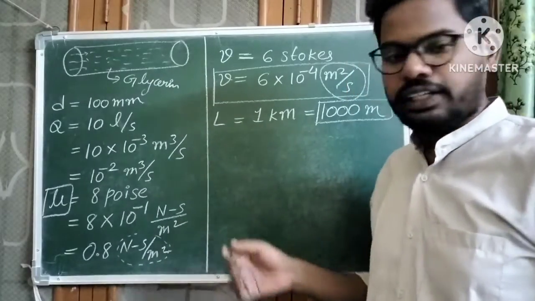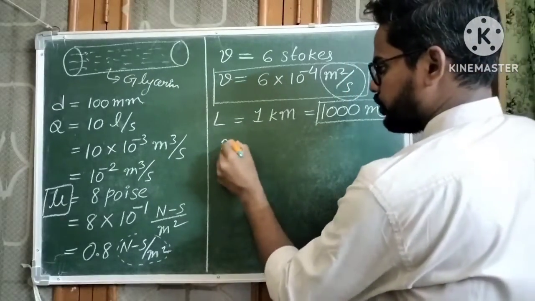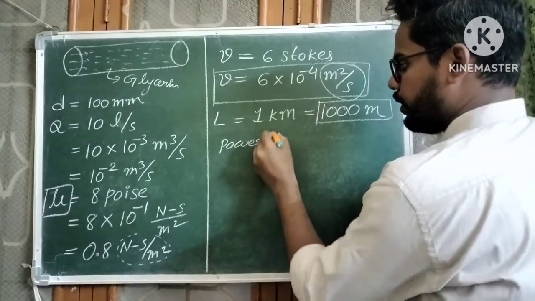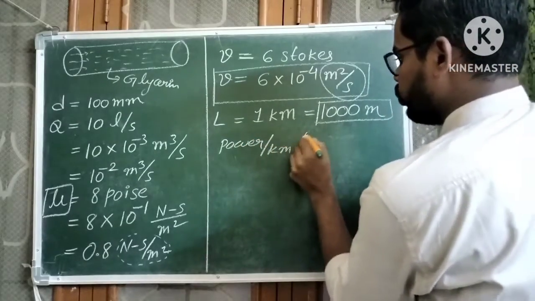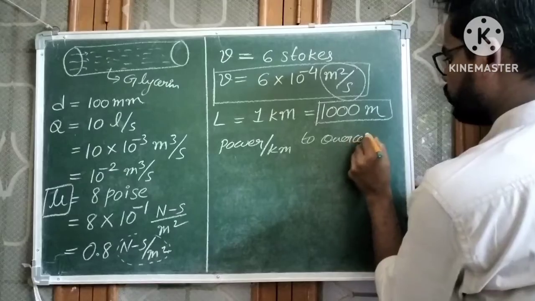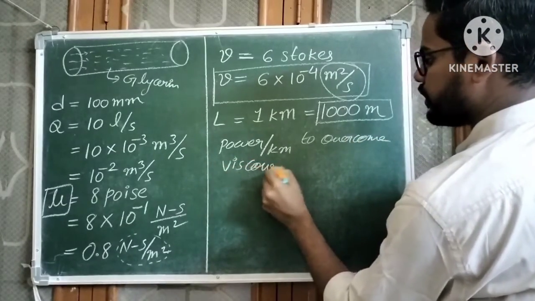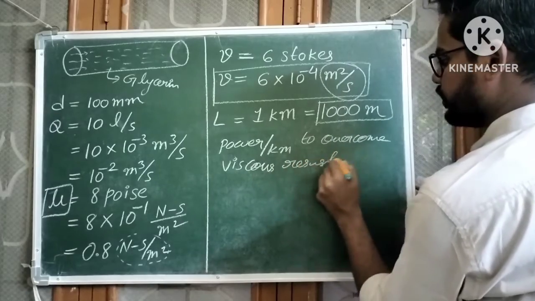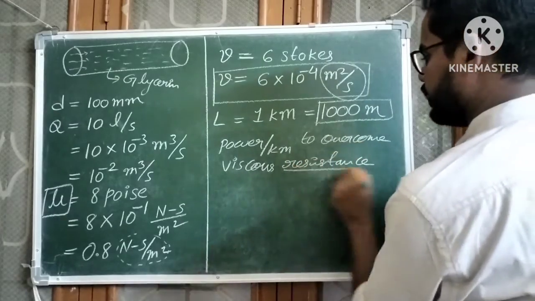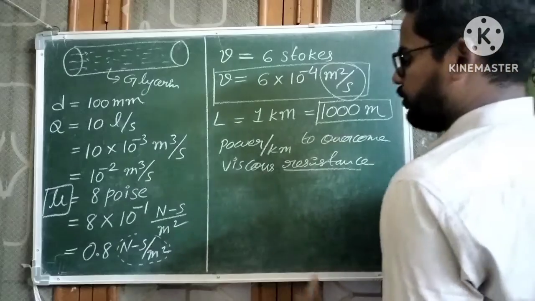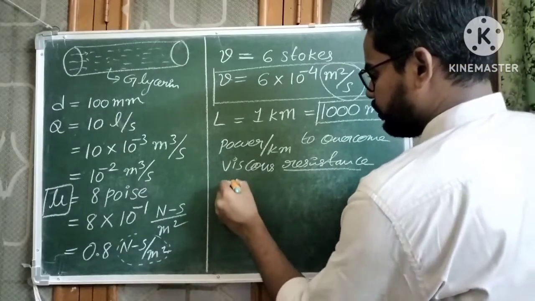We need the power required per kilometer to overcome the viscous resistance. What is the formula for power?